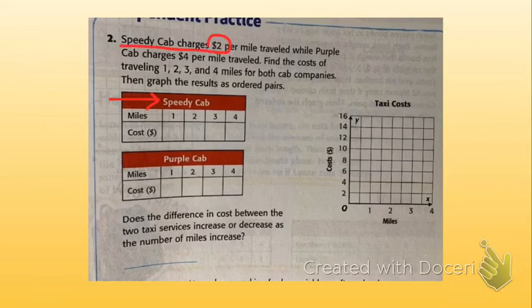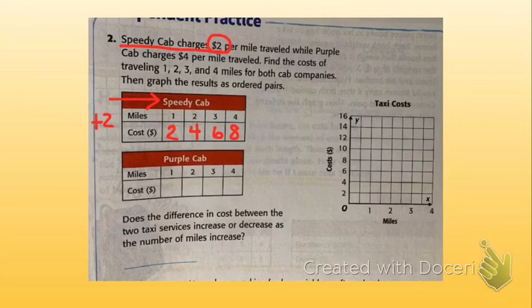It says it charges $2 per mile. So 1 mile would be 2. And 2 would be, well, what's our rule? Our rule is we are just adding 2, right? 4, 6, 8. So there are ordered pairs. So let's figure out the Purple Cab, I guess I'll do that in purple.